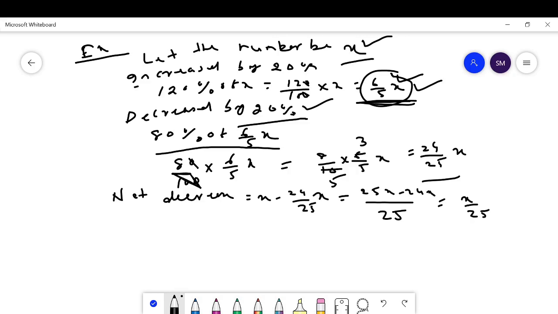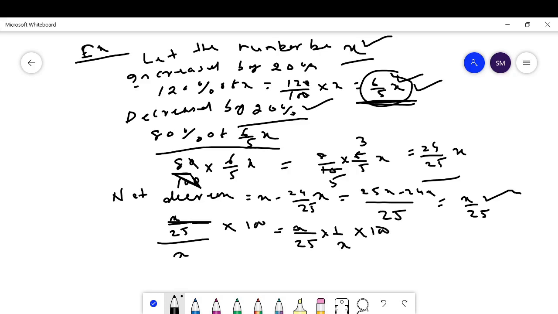We have to find the percentage of net decrease. Then x upon 25 out of x, which is x upon 25 into 1 upon x into 100. x cancels, this is 4%.